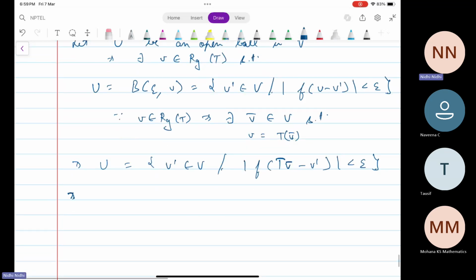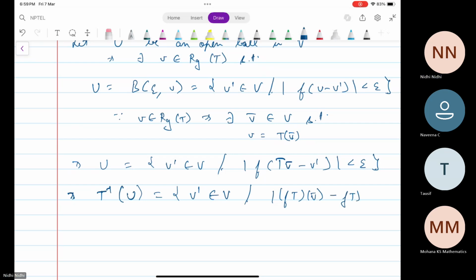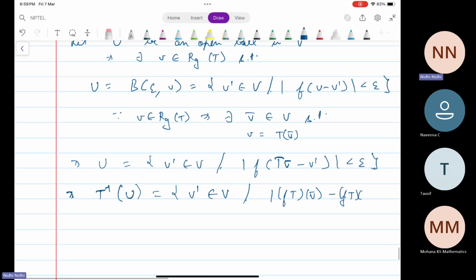So this implies T inverse U is the set of all those points v prime in V such that |f(T v bar) minus f(T v prime)| is less than epsilon.